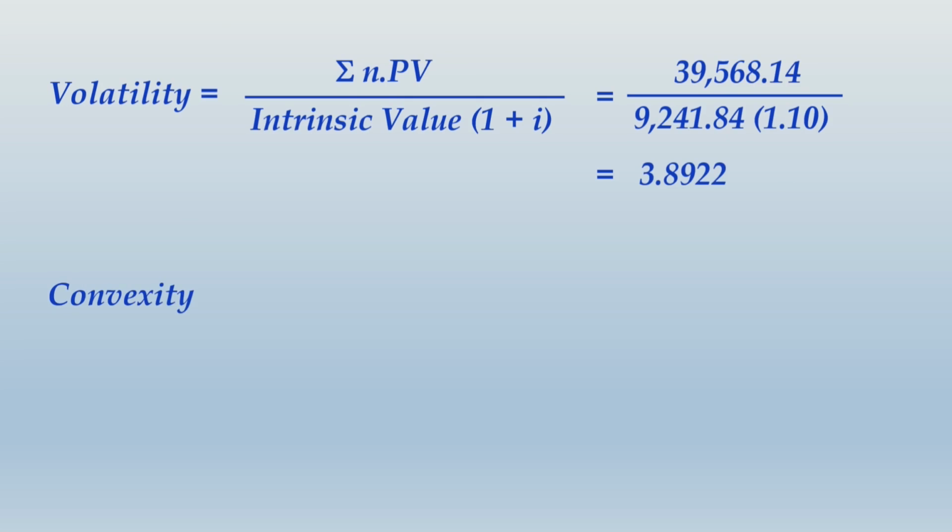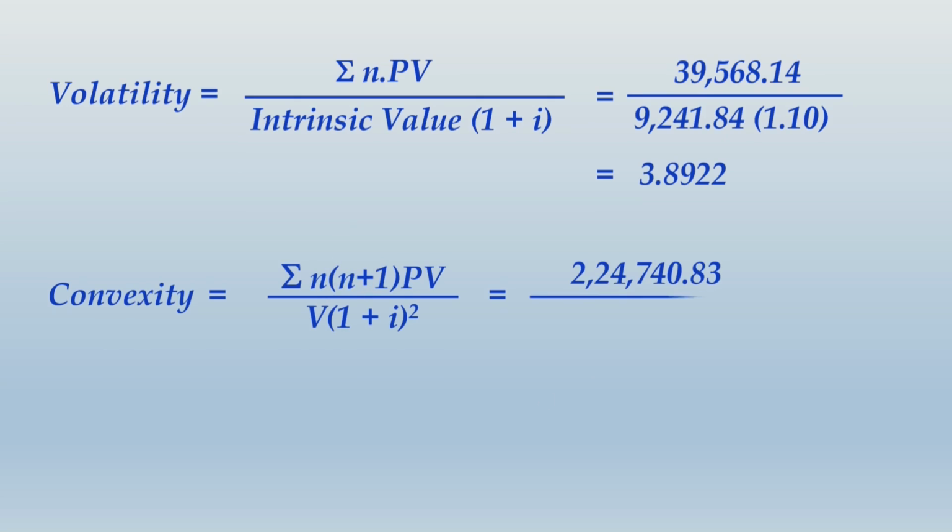The convexity as per the formula that we have learnt, and I told you, you can use T or N, any variable over here representing the time period. So we have used N. Summation of N into N plus 1 into PV, this value we have obtained already in the previous table.